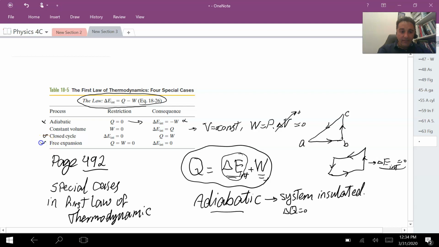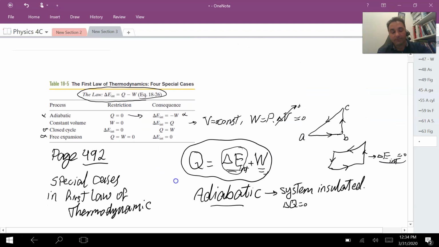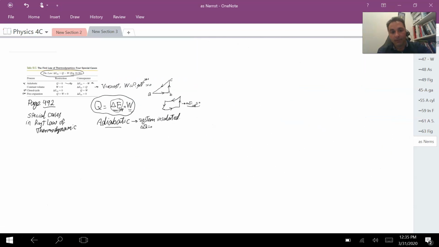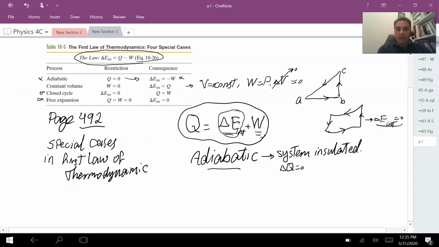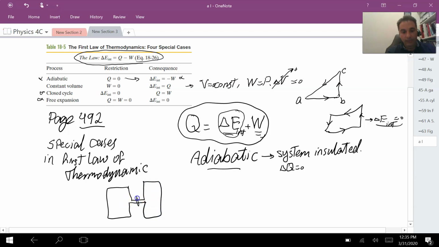The next case is called free expansion. What is free expansion? Imagine here we have two containers connected together. Here we have one cork.